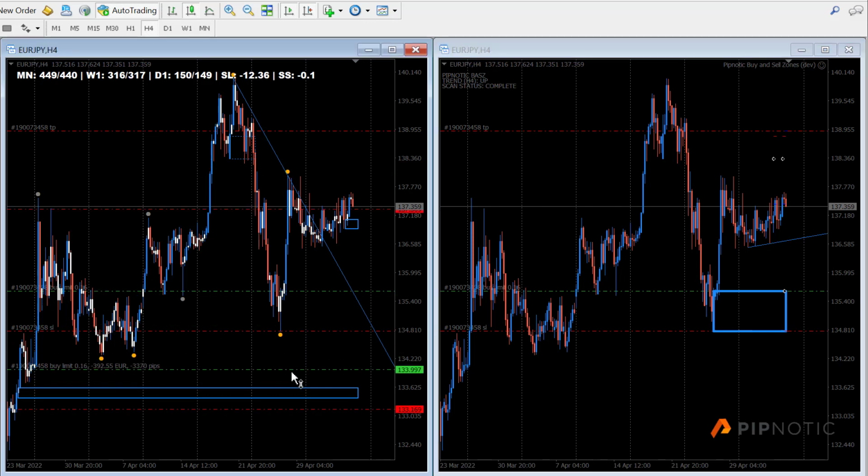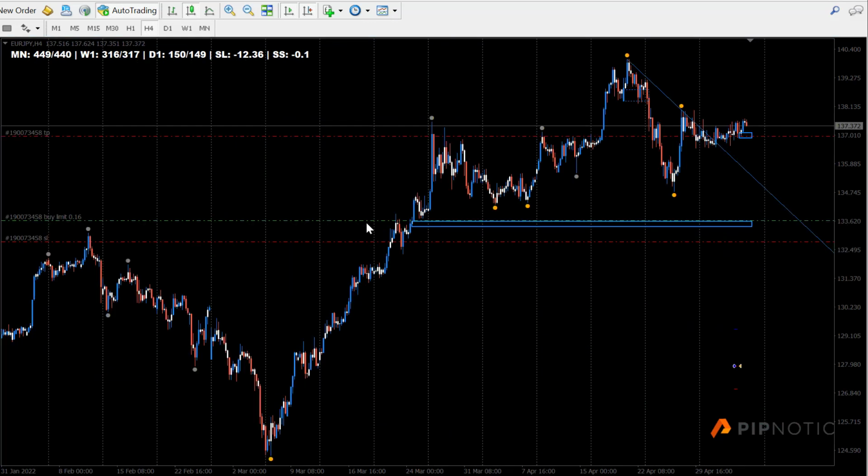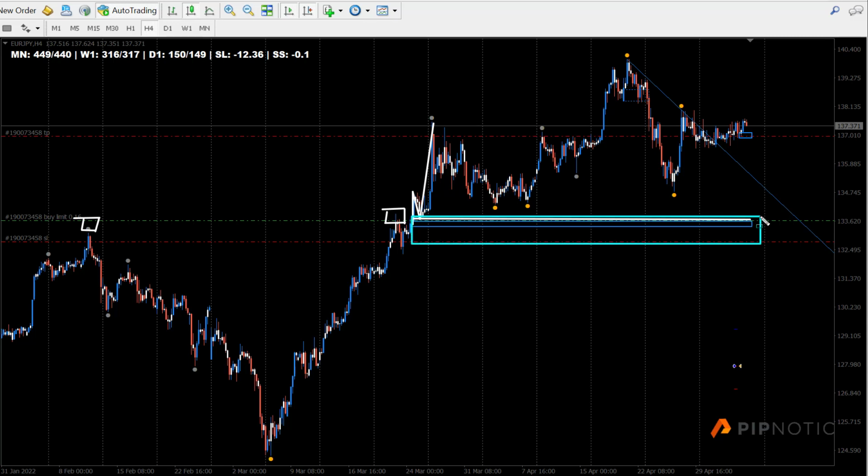down to here. And the reason I'm doing that is because if we look at this, you can see that we have a test here, breakthrough, slingshot, release, buy zone for this demand. So I like that a lot.